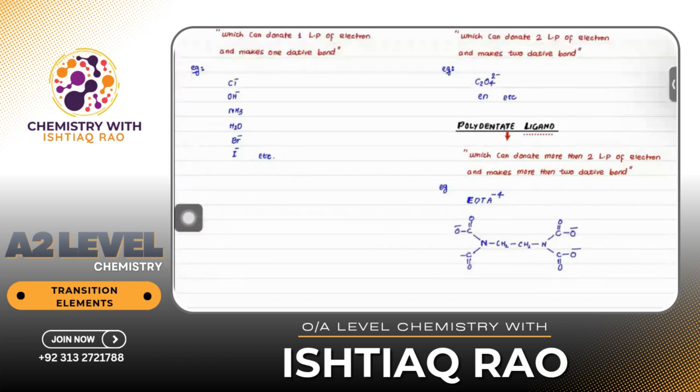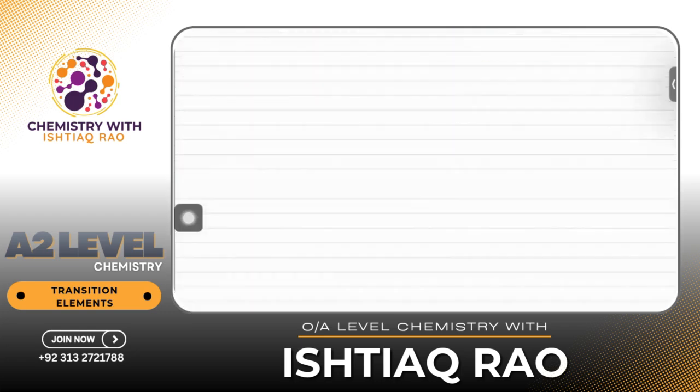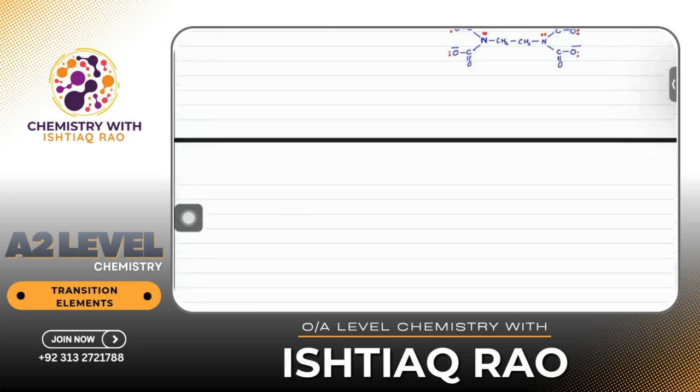Then I can write down the lone pairs of electrons. You will see that it can donate one, two, three, four, five, six lone pairs of electrons. So yes, it is a polydentate ligand.